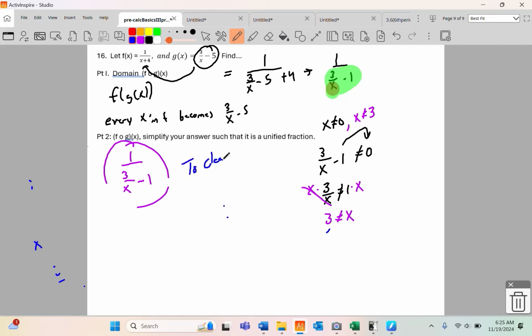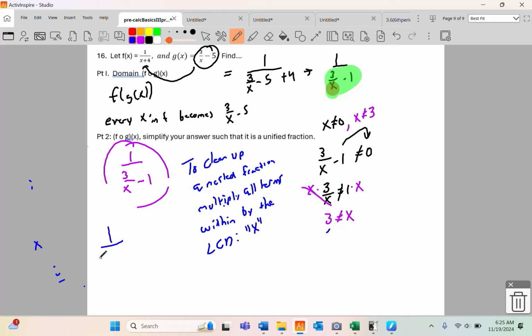To clean up a nested fraction, multiply all terms within, so within this thing, by the, what we call least common denominator. And the least common denominator that all three things here could have is x. That's the one I'm going for. Which in this case, and it's in this case only, it's x. So let me show you what I mean by that.